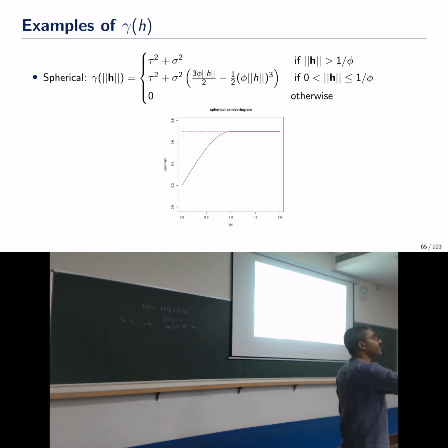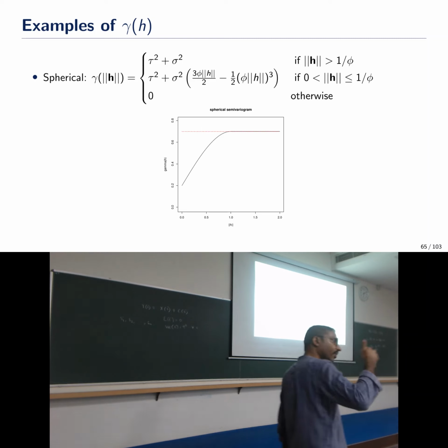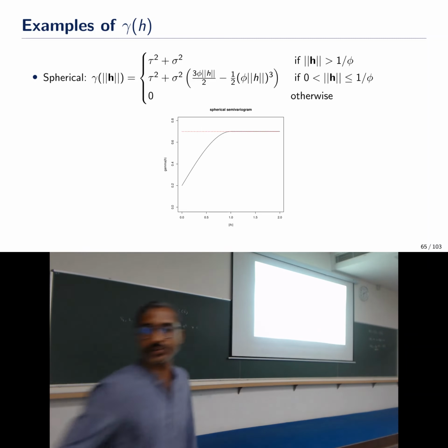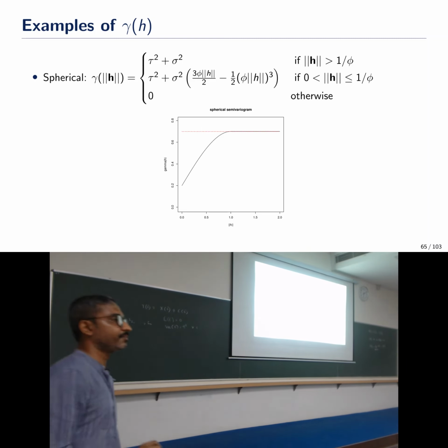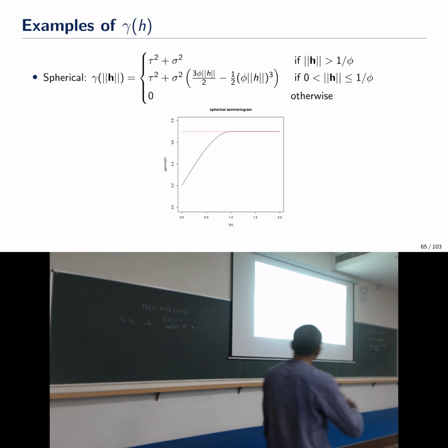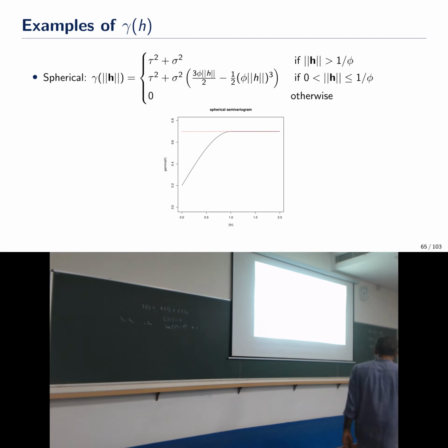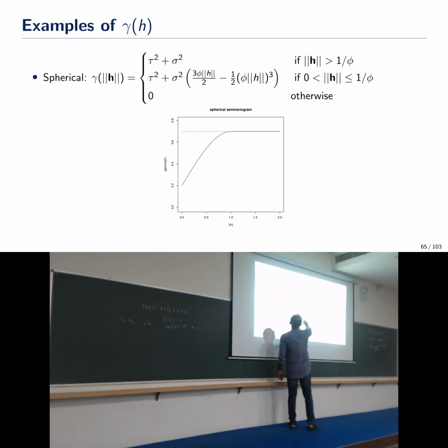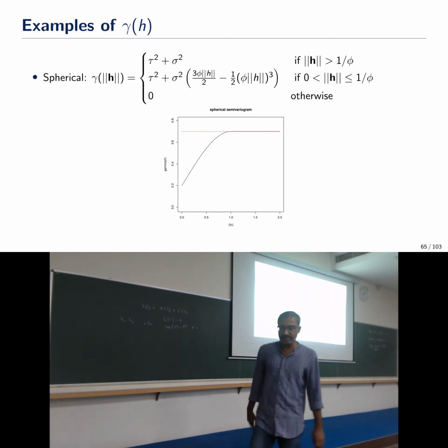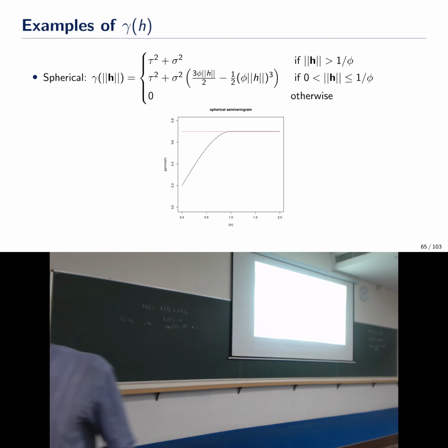This tau square plus sigma square is called the sill, as you can understand from the picture. After this range, what we call 1 by phi, it reaches this sill. And if I subtract this tau square from the sill, what you get is the partial sill, which in this case is the sigma square.